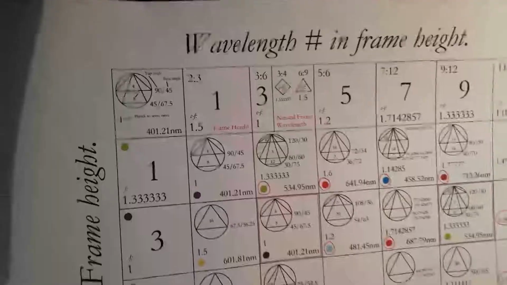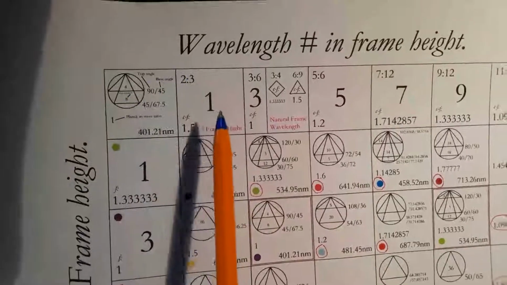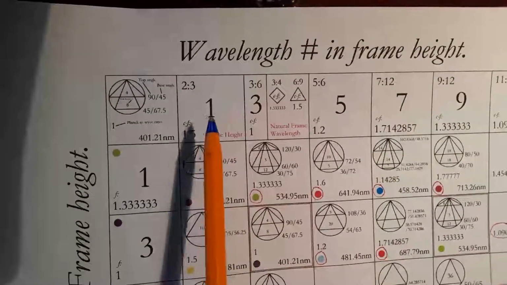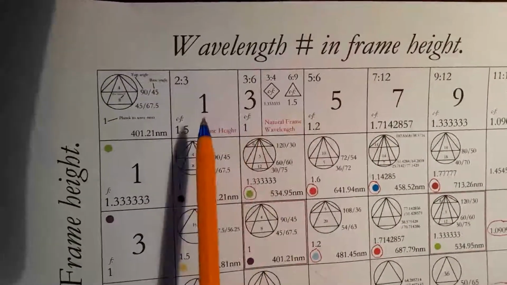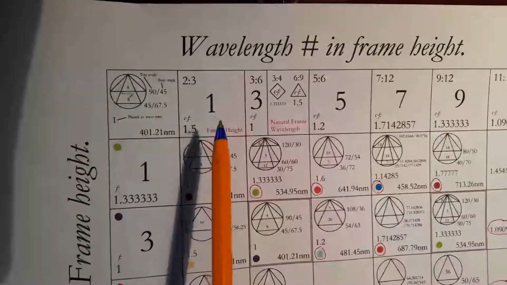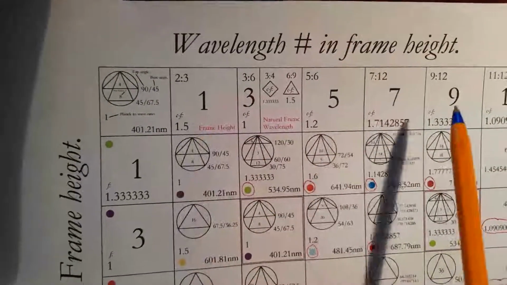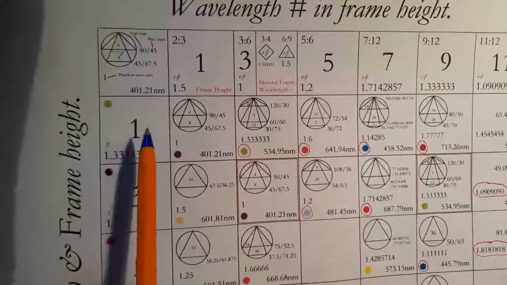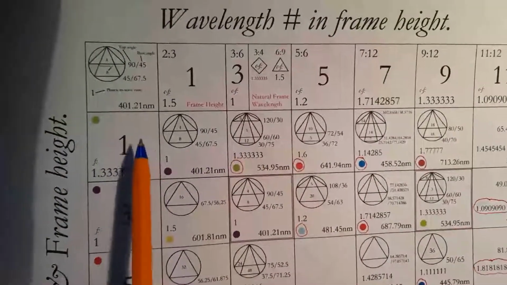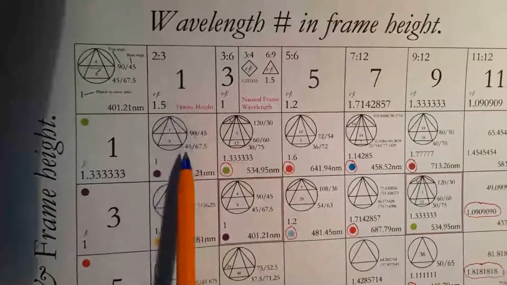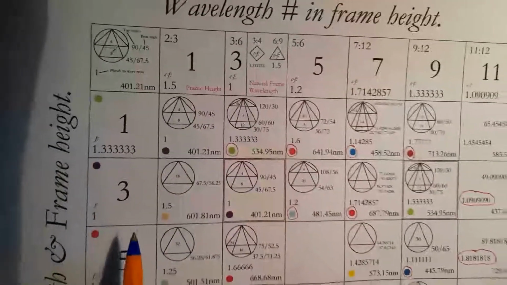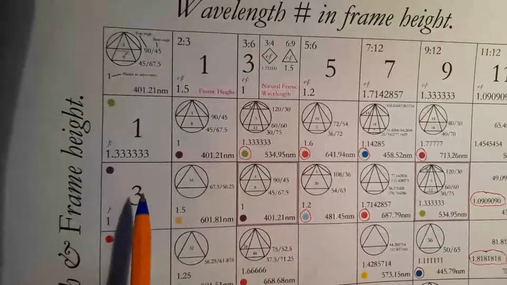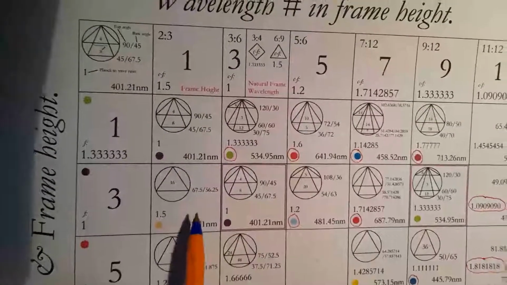And how does it work? So simple. That is the wavelength number. This is the division column, and this is the addition column. So, for example, 1 divided by 1 equals 1. 3 divided by 1 equals 1.5.